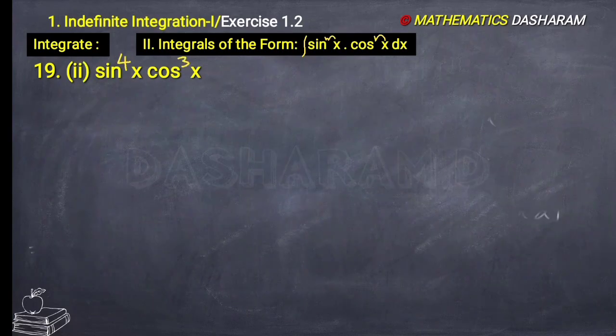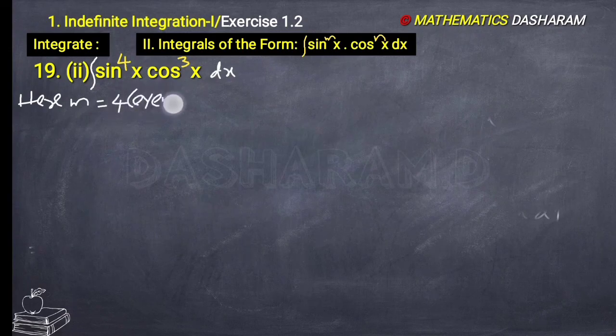Second question, sin to the power of 4x into cos cube x. So apply the integration with respect to x. When you compare this function with this form, here m equals 4, it is an even number, and n equals 3, it is an odd number.